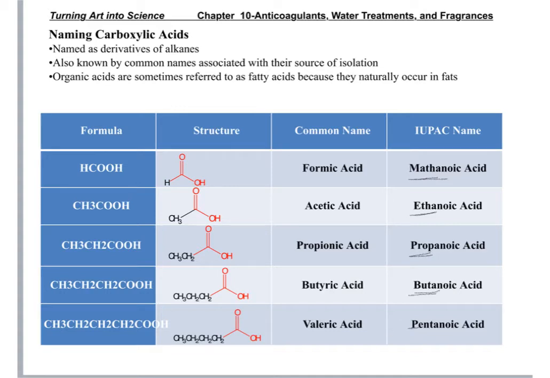And then you've got your common names, which are probably more useful for you to know. Formic acid is found in some insects in their bites. Acetic acid is your vinegar. Vinegar is a type of acetic acid. Those are your acids from carbons 1 through 5.